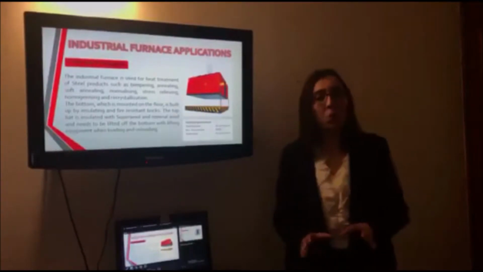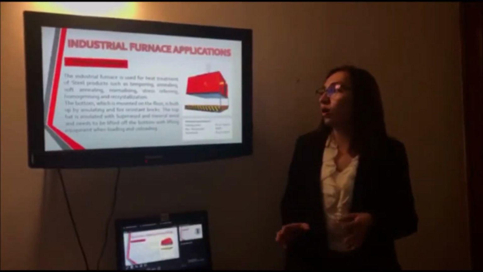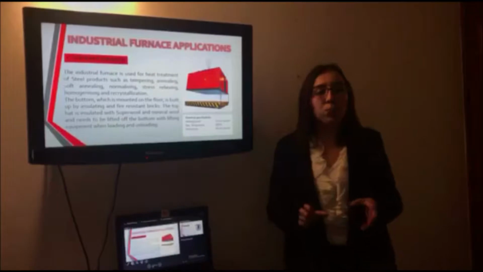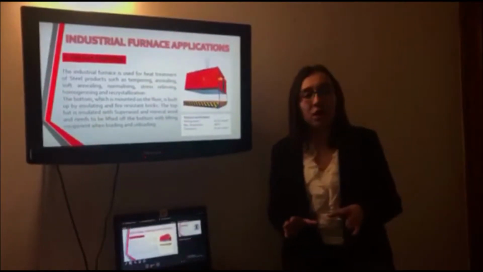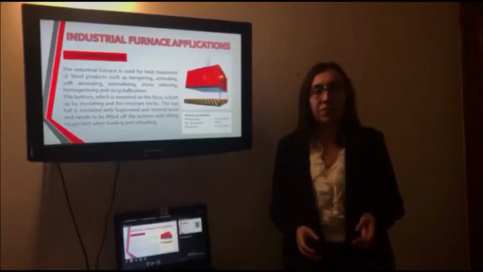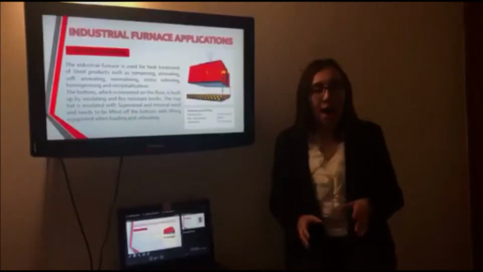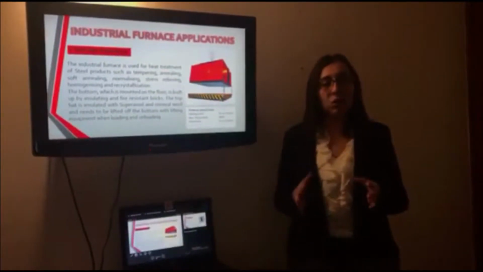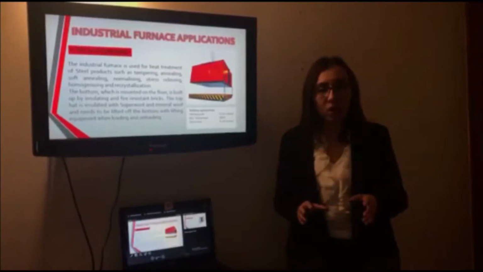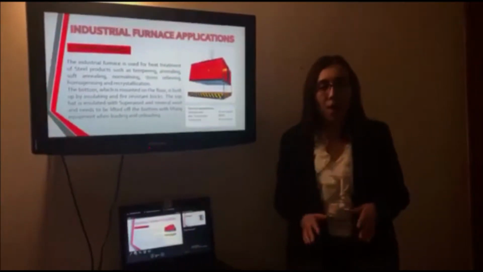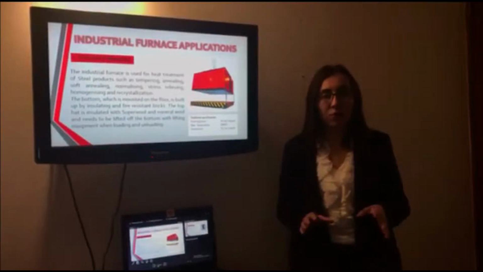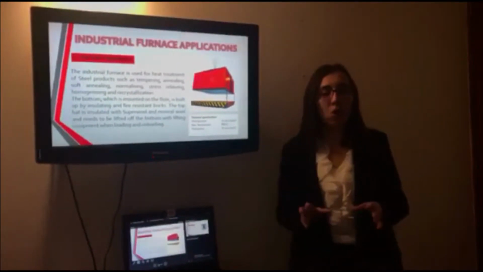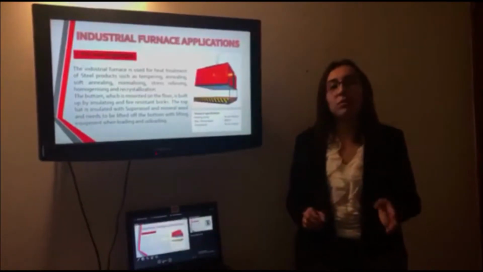The bottom, which is mostly standing on the floor, is built up by insulation and fire-resistant bricks. The top hat is insulated with superwool and mineral wool and needs to be lifted off the bottom with lifting equipment for loading and unloading.